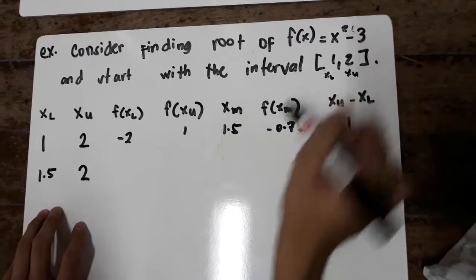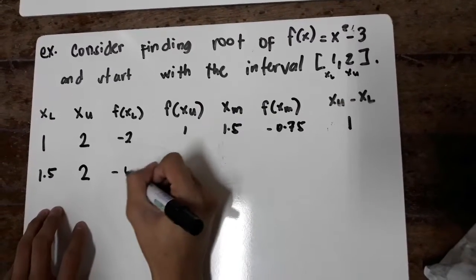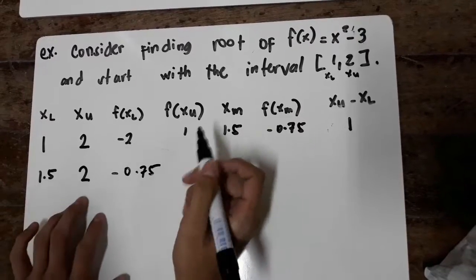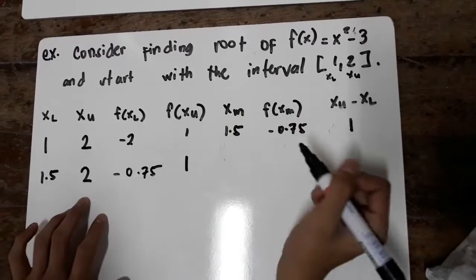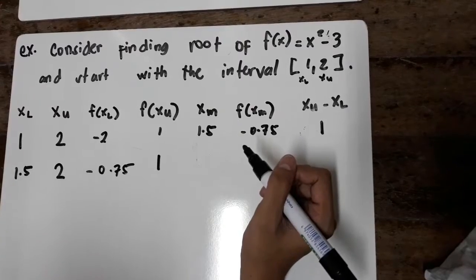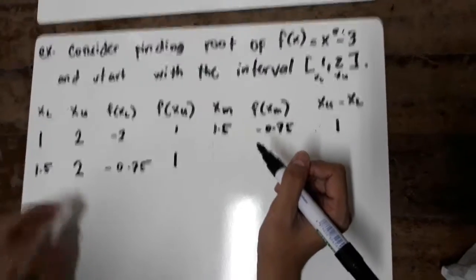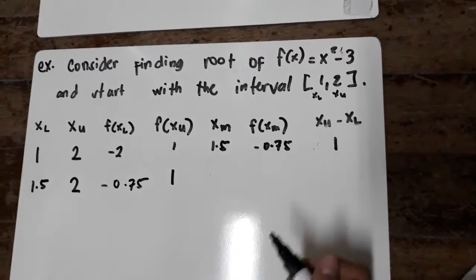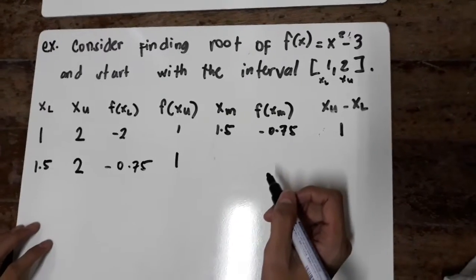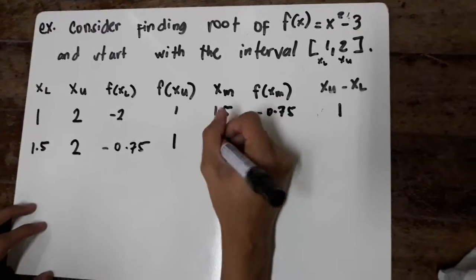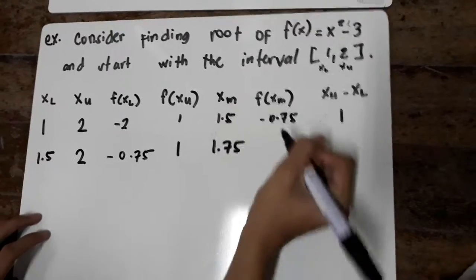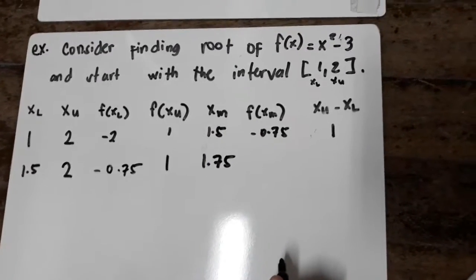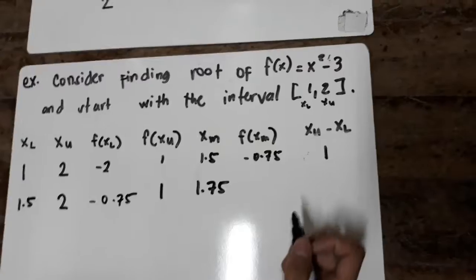When we substitute again, this is the answer, negative 0.75. When we substitute the value of 2, we have 1. Then 1.5 plus 2 is equal to 3.5, divided by 2, which equals 1.75.